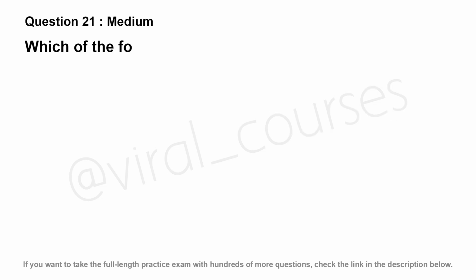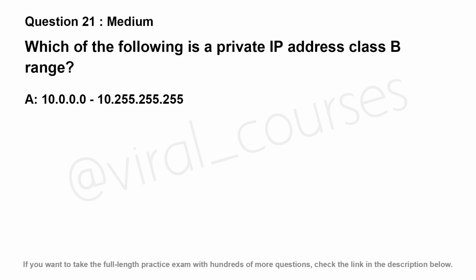Which of the following is a private IP address Class B range? Option A, 10.0.0.0 to 10.255.255.255. Option B, 172.16.0.0 to 172.31.255.255.